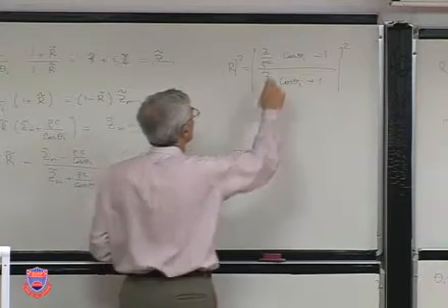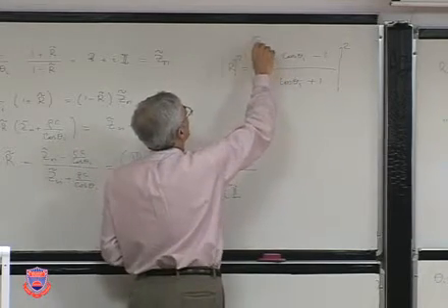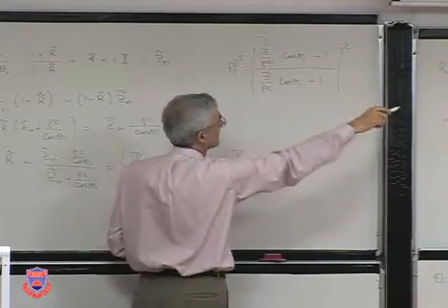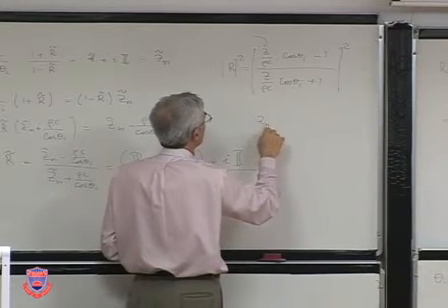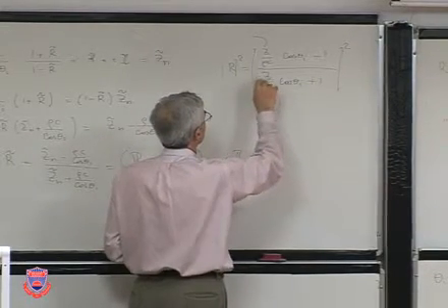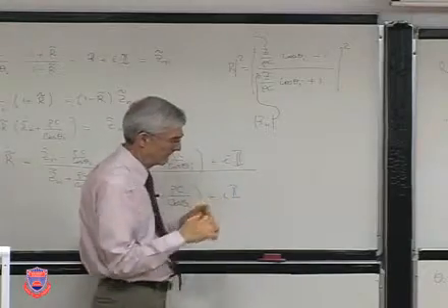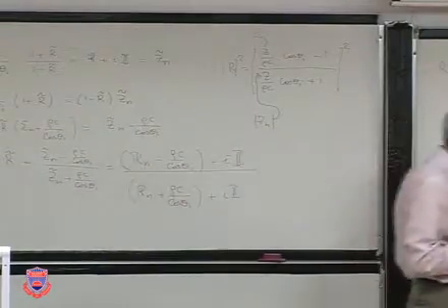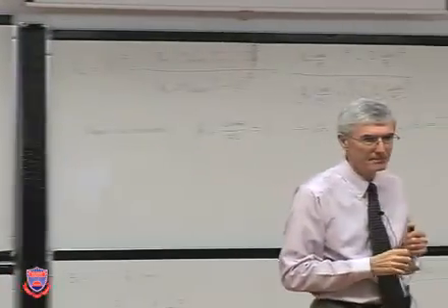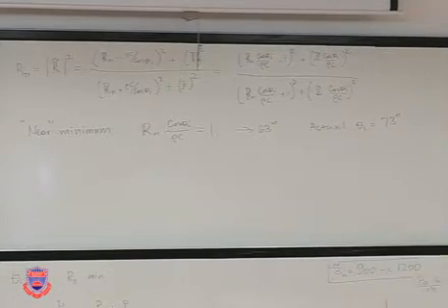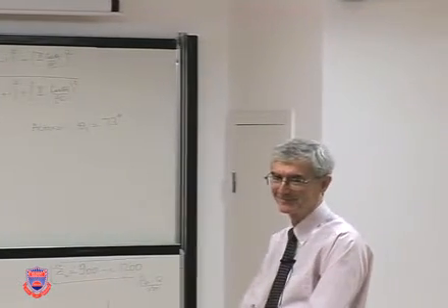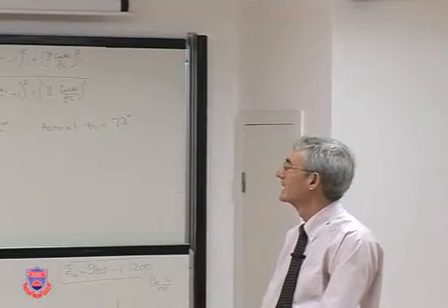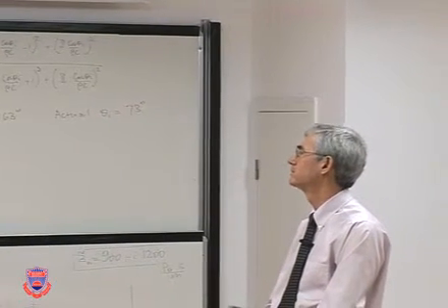So, setting that equal to 0, you put here the magnitude of that, like this. And I got the same result: 73 degrees, plus or minus 45.